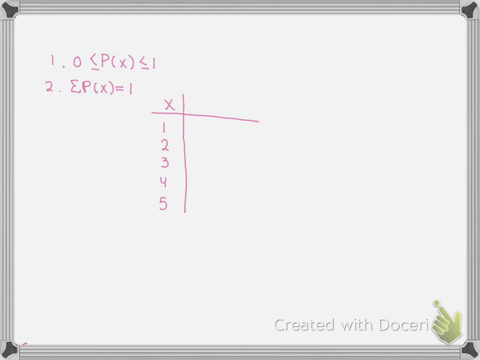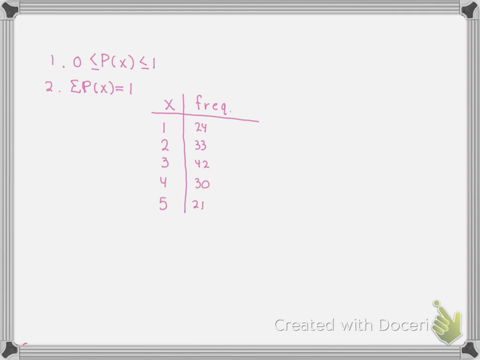Then you've got the frequency. So we need to first determine whether or not this is actually a discrete probability distribution. So we've got 24, 33, 42, 30, and 21.